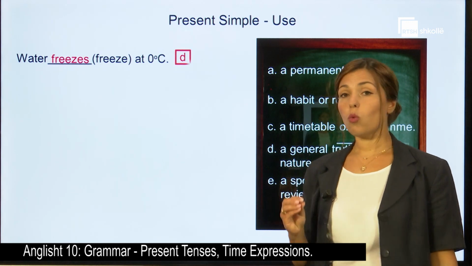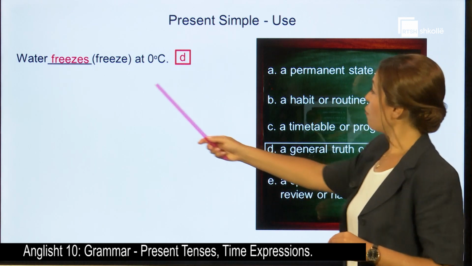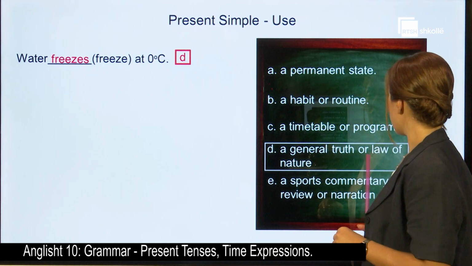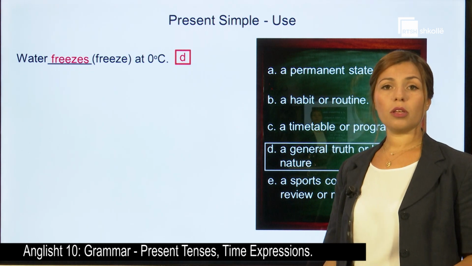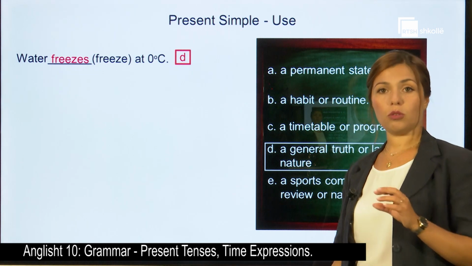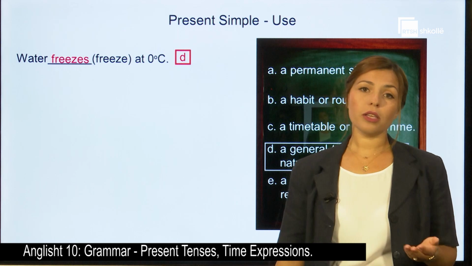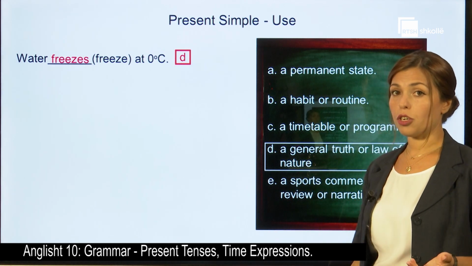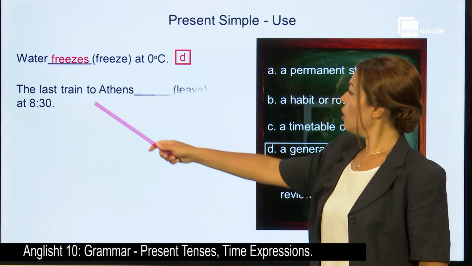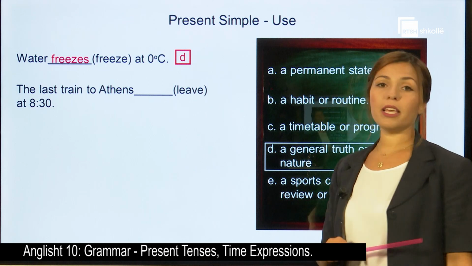And what is the use? What does it show? The fact that water freezes shows us something that is general truth. It doesn't depend on us. We know that at 0 degrees the water freezes. So this is the law of nature. Let's move on with another example. The last train to Athens, you've got the verb leave.